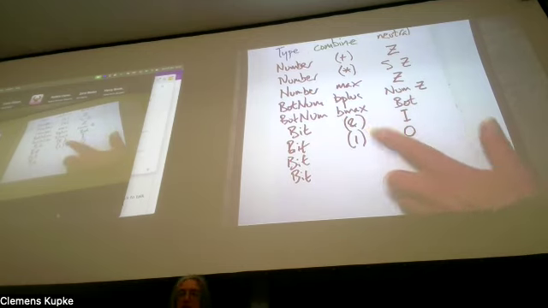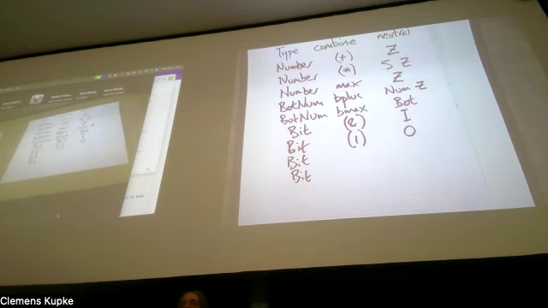Some of you at least know De Morgan's laws. All they're saying is that NOT is a monoid map from AND to OR. And it's also a monoid map from OR to AND.